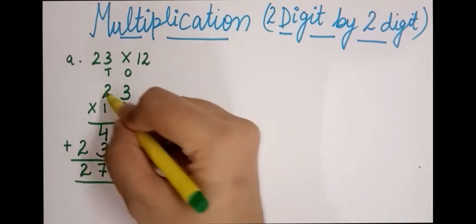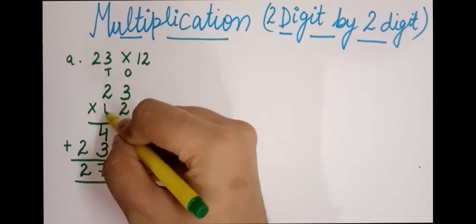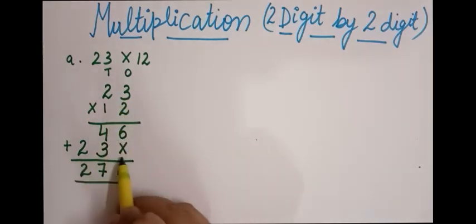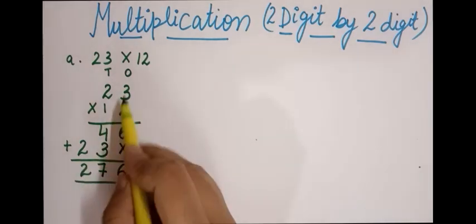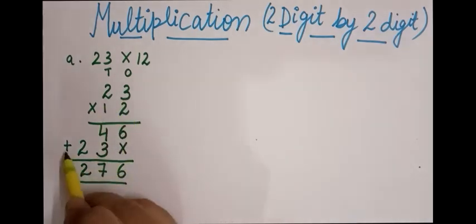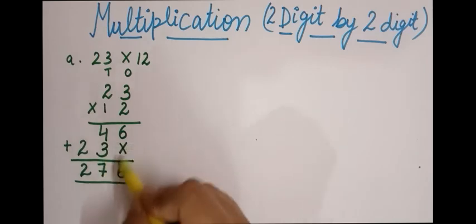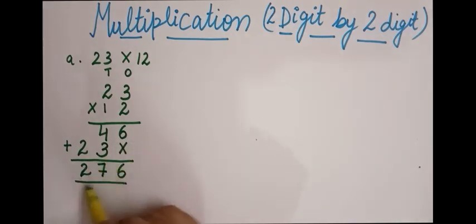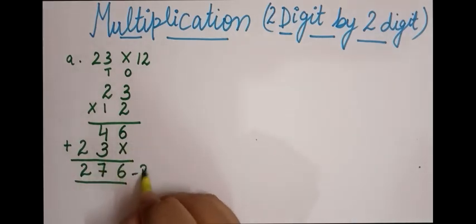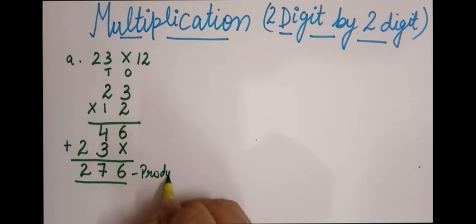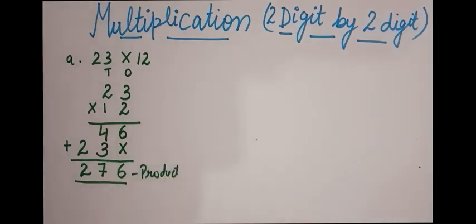After that I multiplied 23 by this 1 and the answer is in this row. Once I have multiplied both, I will be adding both the numbers, and this is the final product that we have got by multiplying. Now let's consider another number.